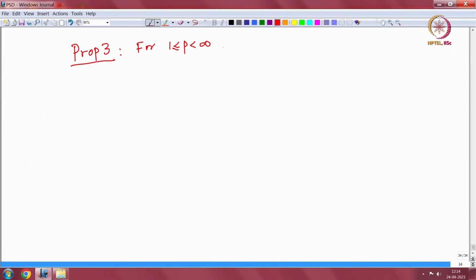For 1 less than or equal to p less than infinity, if f is in LP, then f convolution psi lambda is also in LP for all lambda positive.